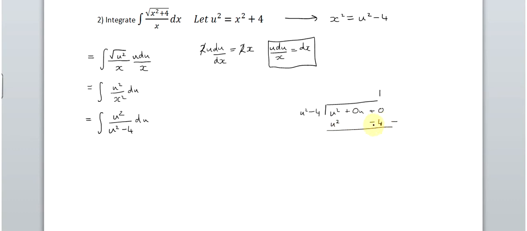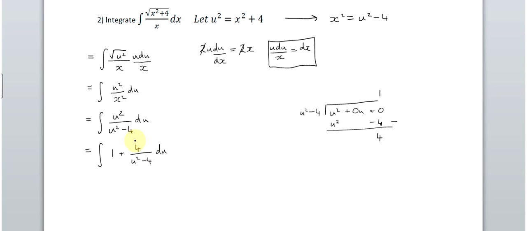And then you subtract, that goes to 0, and we end up with positive 4, because 0 minus minus 4 is 4. So that means that this algebraic fraction is 1, which is that bit, plus the remainder, 4, over the divisor, which is u squared minus 4.